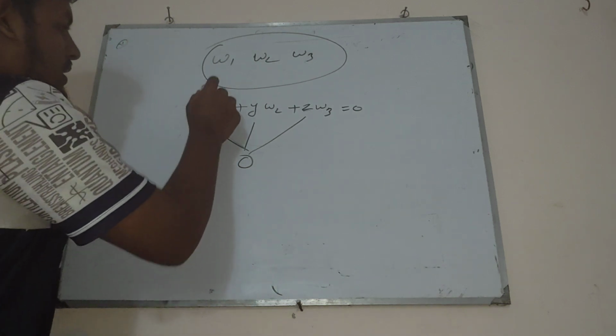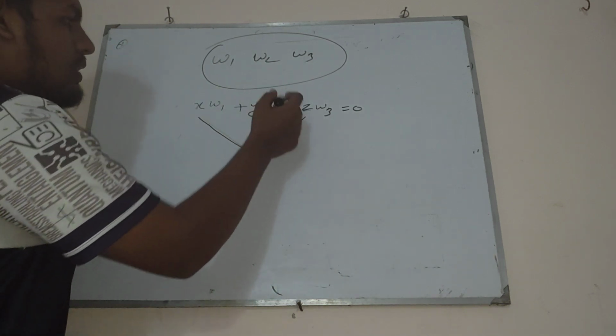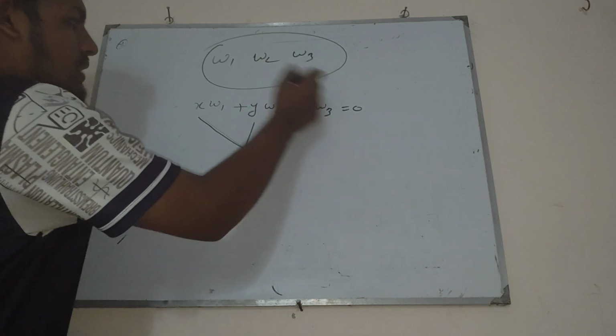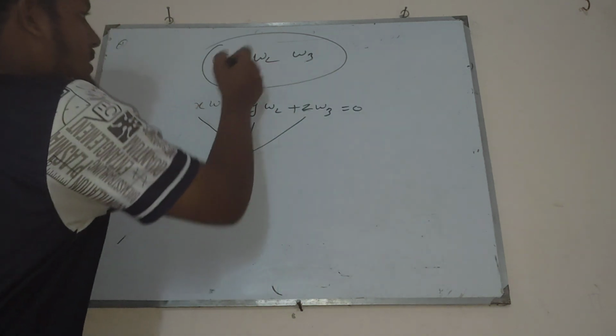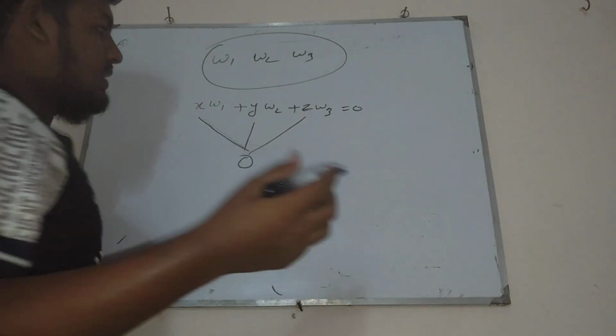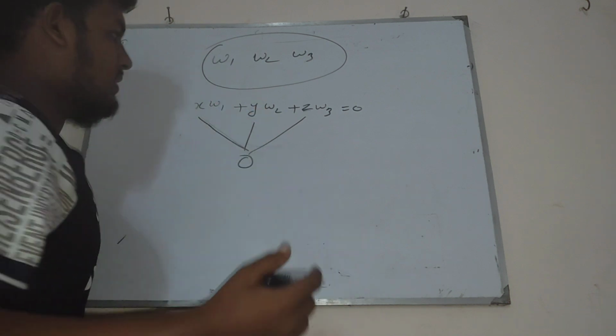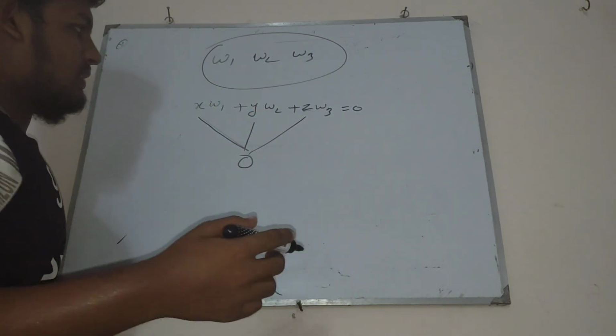If x equals 1 and some y and z give us 0, then these three vectors are not linearly independent, they are linearly dependent.